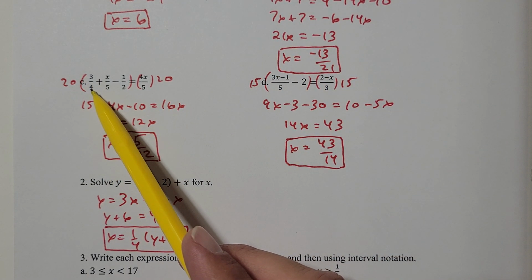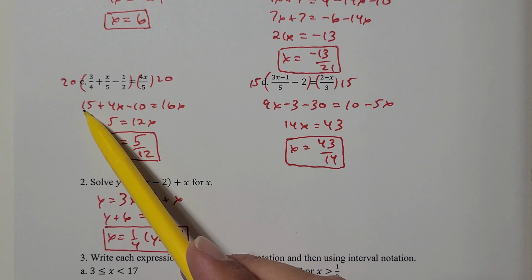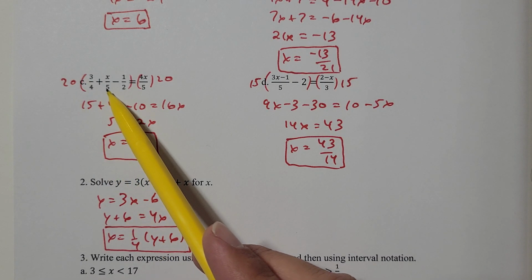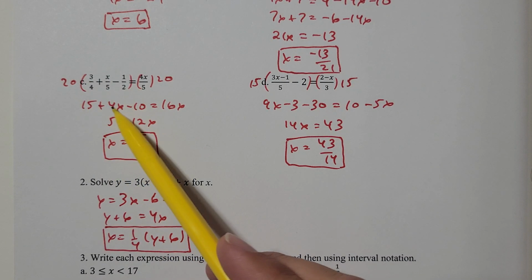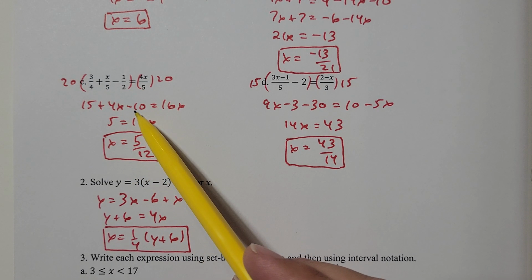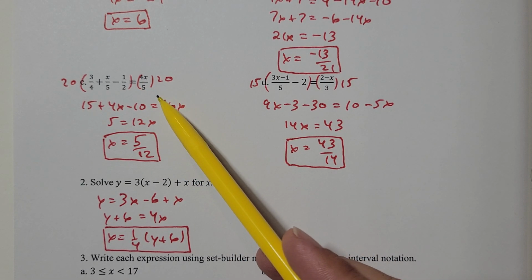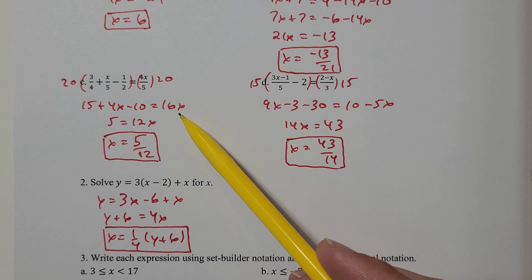20 times 3/4, so 20 divided by 4 is 5, and 5 times 3 is 15. 20 divided by 5 is 4, times x is 4x, minus 20 over 2 is 10. Okay, and that's equal to 20 over 5 is 4. 4 times 4x is 16x.